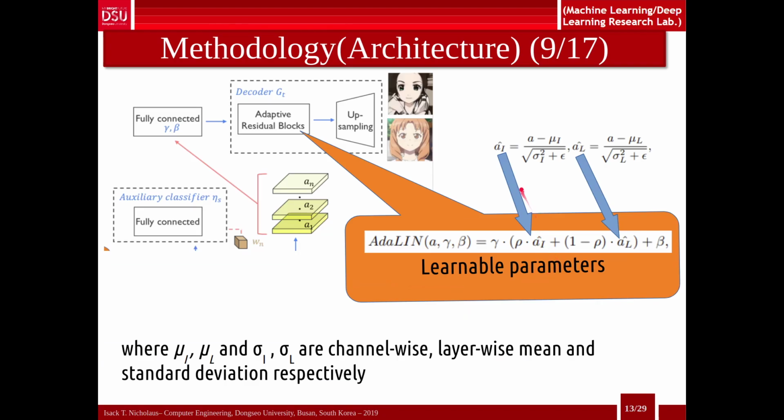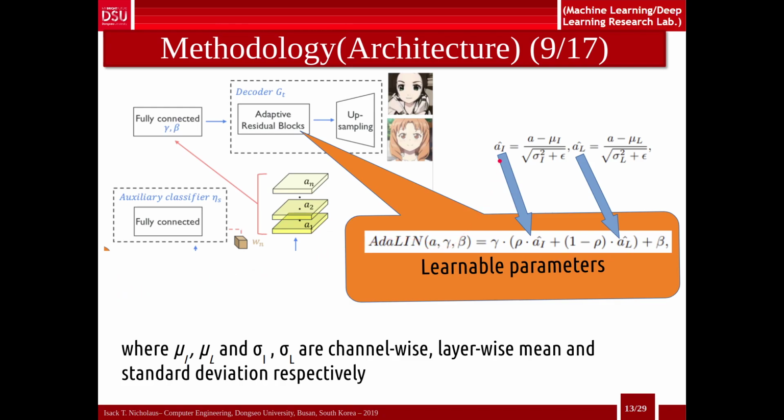So this is the attention feature map for instance normalization, and this one with a subscript L with the bar represents the layer normalization attention feature map.